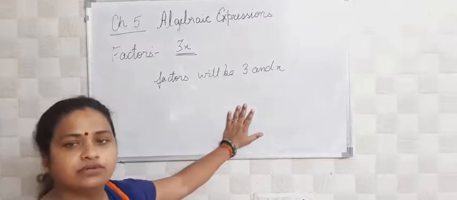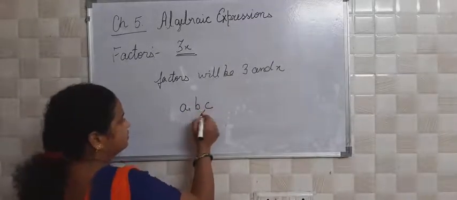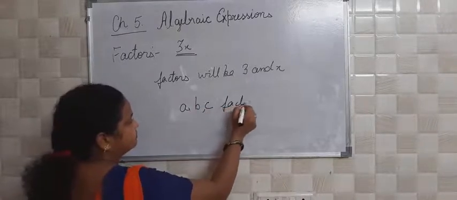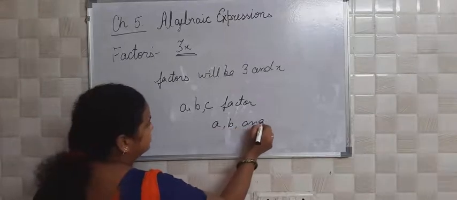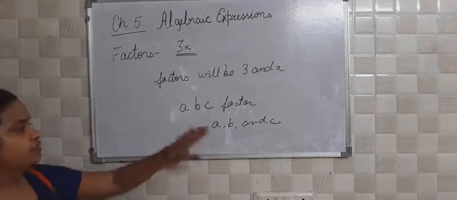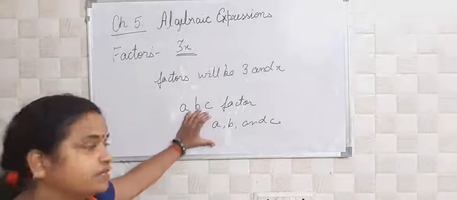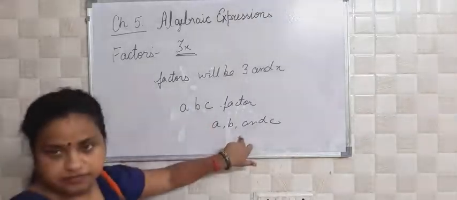We can take one more example, ABC. So here the factors will be A, B and C, because when we talk about factors, a factor means a number by which this will be multiplied.